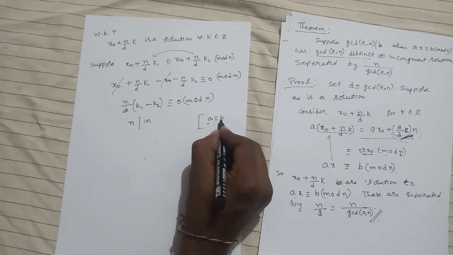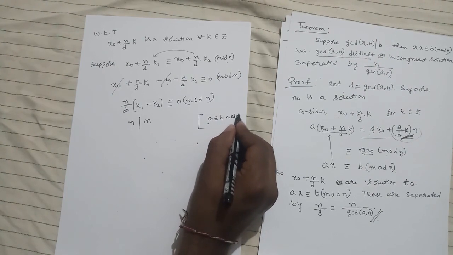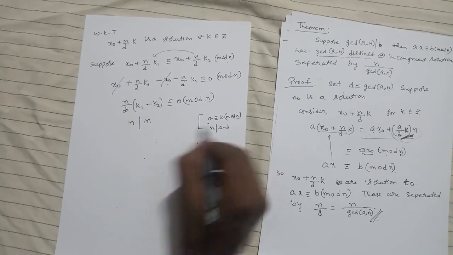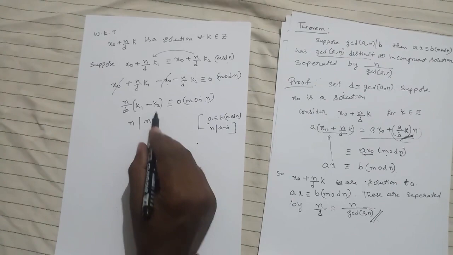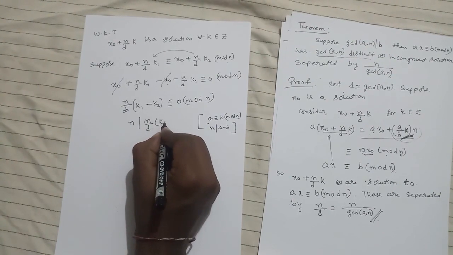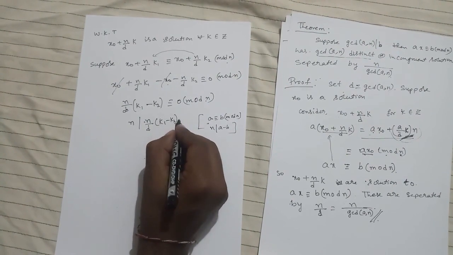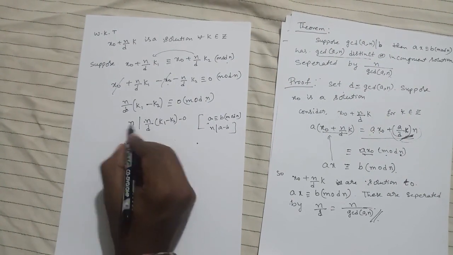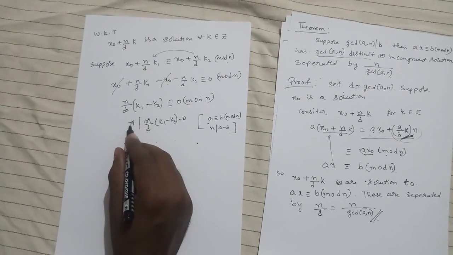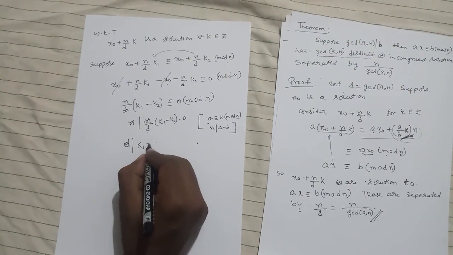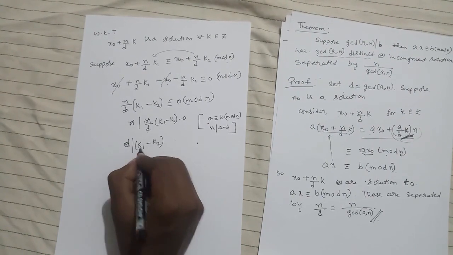A is congruent to B mod n can be written as n divides A minus B. So this can be written as n divides d into k1 minus k2 minus 0. Here n gets cancelled, and d goes to the numerator, so d divides k1 minus k2.